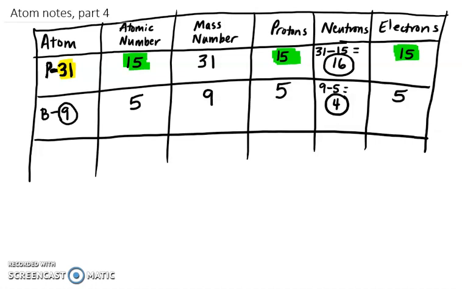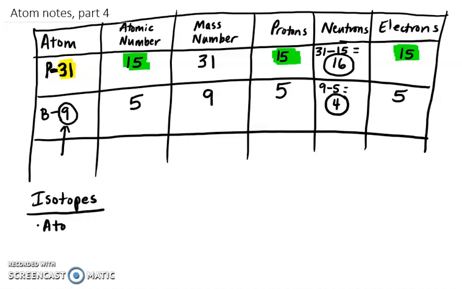Let's do two more definitions, okay? We talked about the fact that this number here isn't found on the periodic table, that 9 and that 31. And the reason it's not found there is it can change. I can have atoms that are of the same element that have different mass numbers, and those are called isotopes. You just need to know this definition.